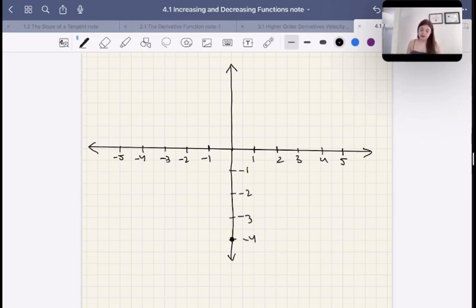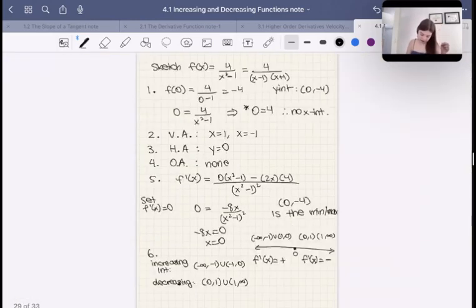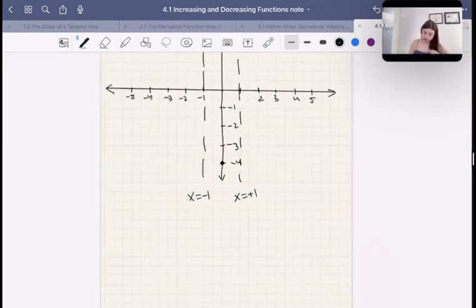Next, I'm going to label my asymptotes. So I have asymptotes at x equals -1. So those I'm just going to draw as dotted lines on my graph. Or dashed lines, I guess I should say. And then we also have one at y equals 0, and there's no oblique asymptotes.